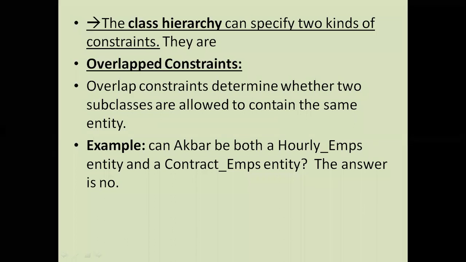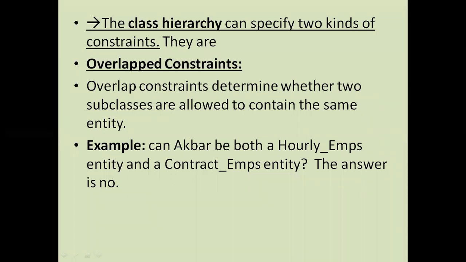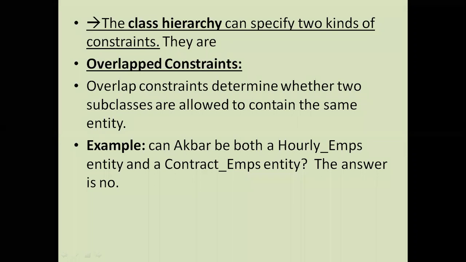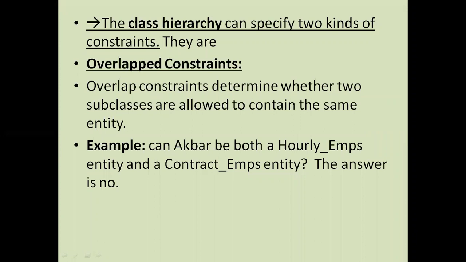For example, engineering is one stream. In that stream, we are dividing into the branches CSC, ECE and EEE. But here CSC is not equal to ECE, and ECE is not equal to EEE. Am I right? So maybe CSC will have some other subjects, and in the same way ECE also has some subjects.